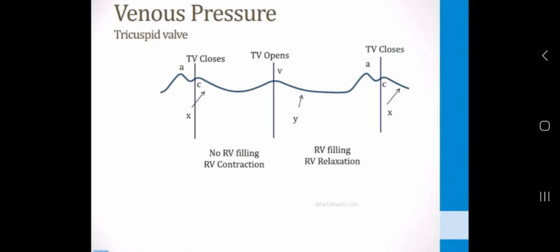Venous pressure: between C wave and V wave, we have no right ventricular filling, right ventricular contraction. Then between V wave and C wave, we have right ventricular filling and right ventricular relaxation.